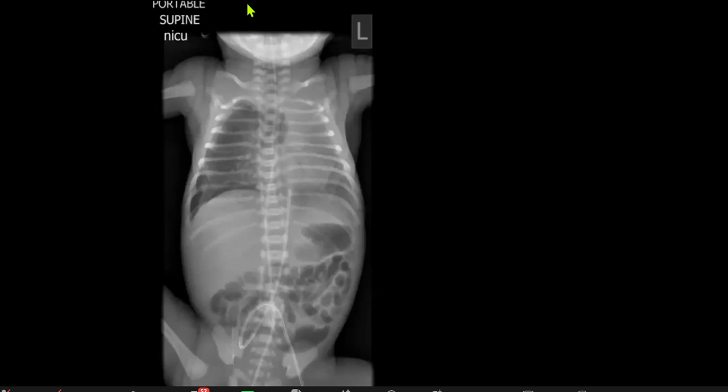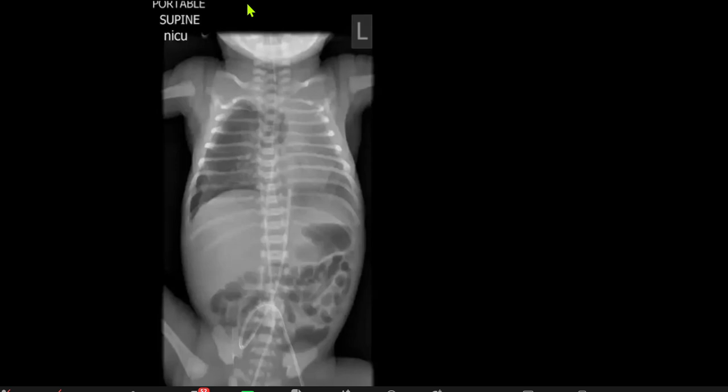The UVC is low. The tip is probably at T6, probably in the right atrium, and should be pulled lower down. There is also the impression of a right pneumothorax.